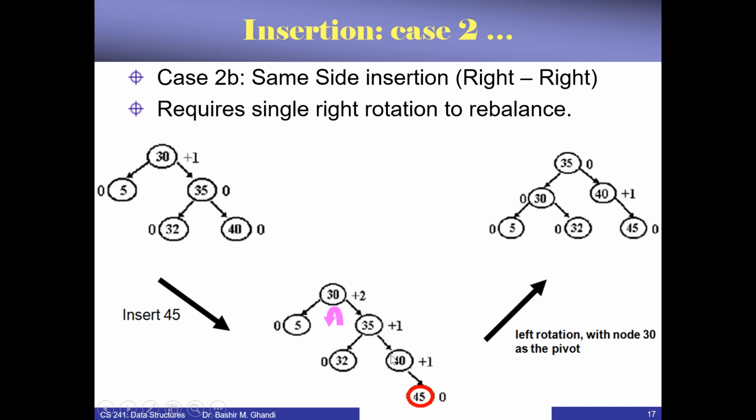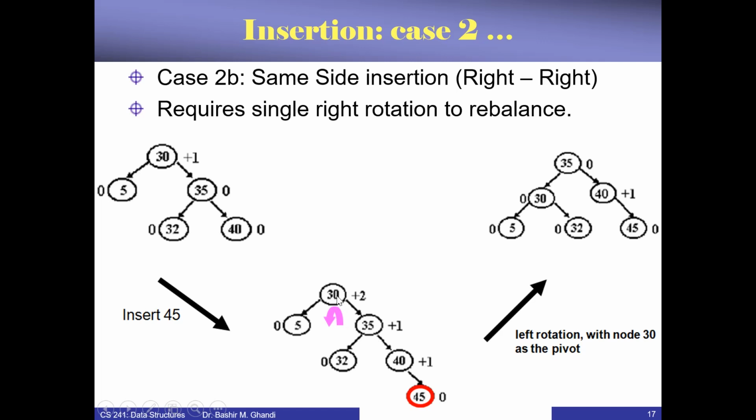So this type of problem is a right problem. The last question you should ask yourself is, what is the solution for a right problem? The solution is a single left rotation. So we're going to rotate 30 to the left. Rotating 30 to the left means 35 will move up and replace it at the root. 30 will go down to become its left. As you can see, 35 has gone up, 30 has gone down.